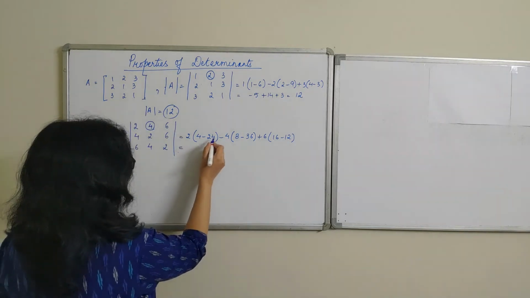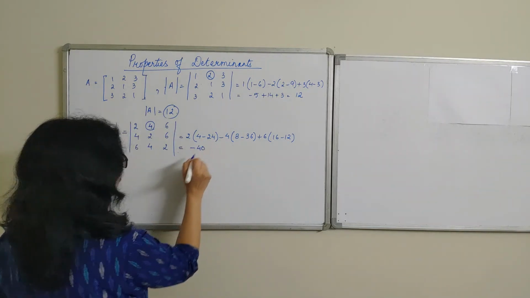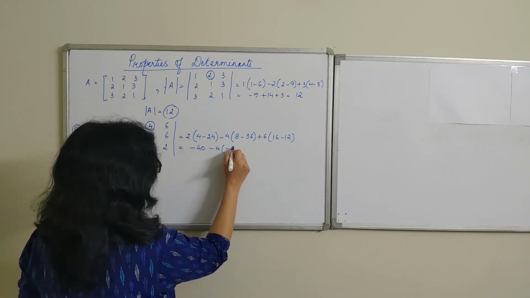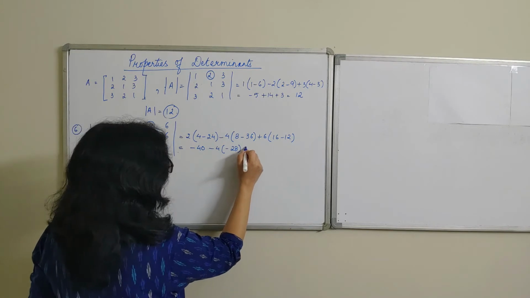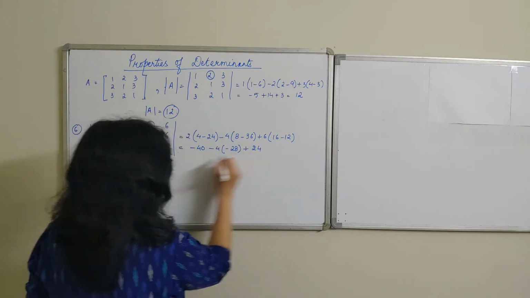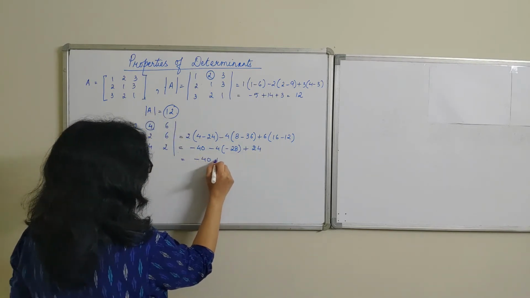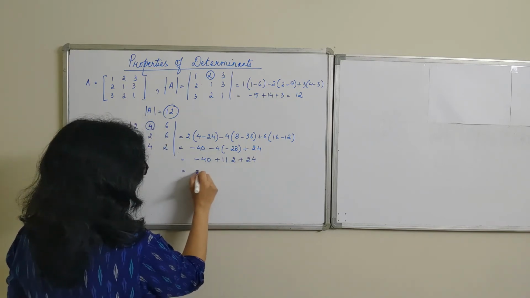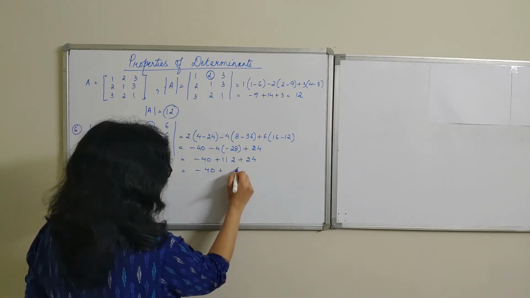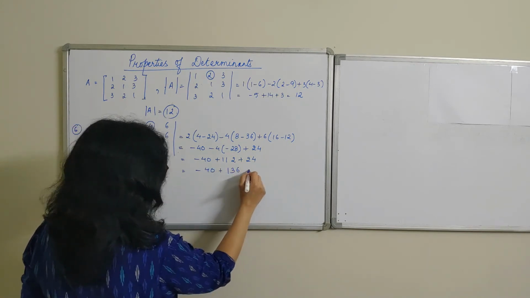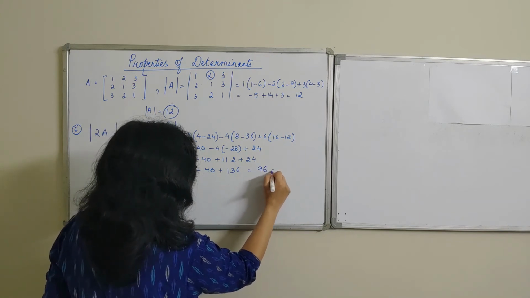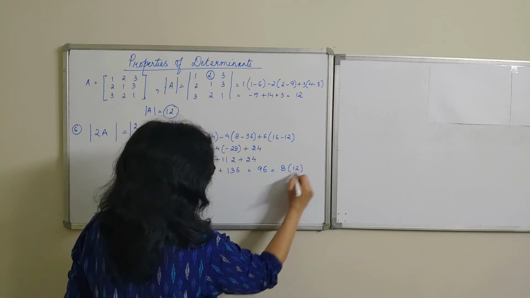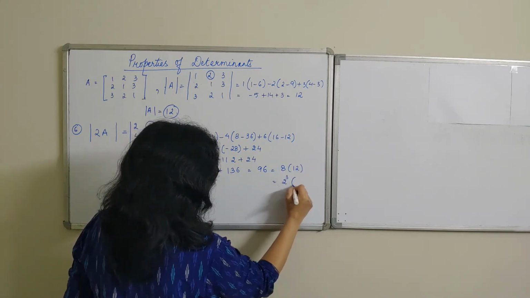Performing this calculation, this is minus 20 minus 40 minus 4 times, this is minus 28 plus 6 into 4, 24, minus 40 plus 112 plus 24. Again simplifying, we get 96, and 96 can be written as 8 times 12, and 8 is 2 cube.